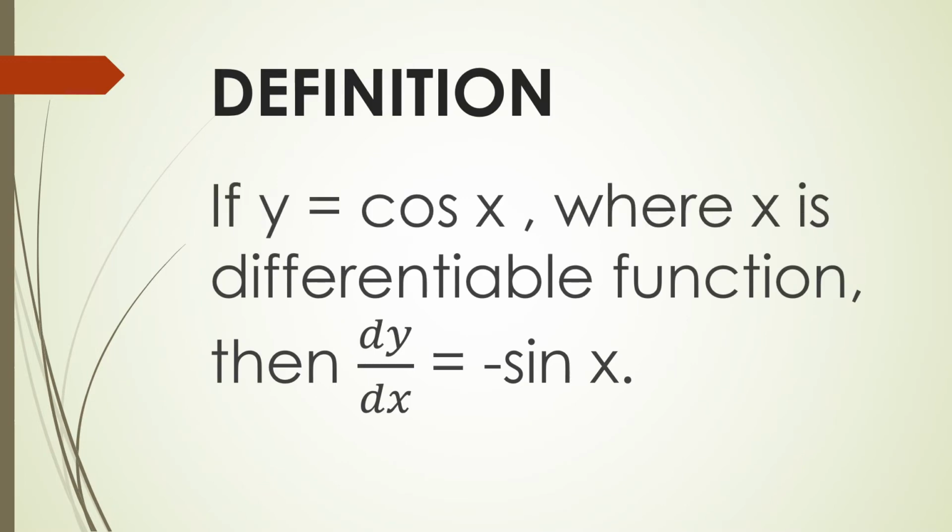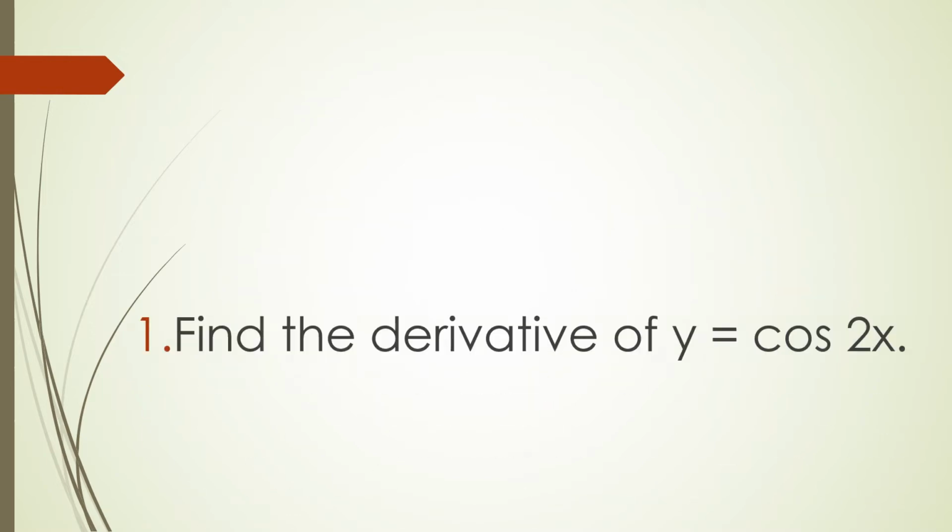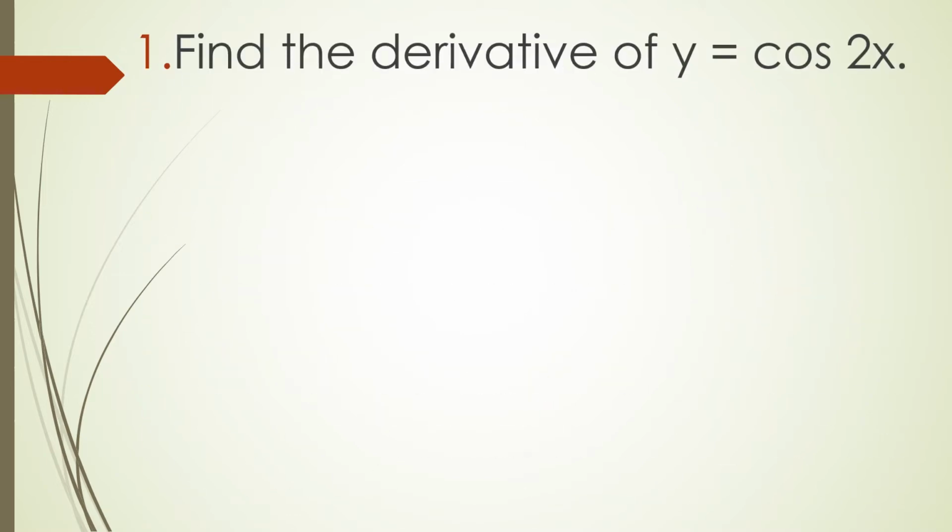All right, the second trigonometric function is the cosine. If y is equal to cosine x, where x is a differentiable function, then dy over dx is equal to negative sine x, meaning the derivative of cosine is negative sine. Let's apply that to this example. Find the derivative of y is equal to cosine 2x.